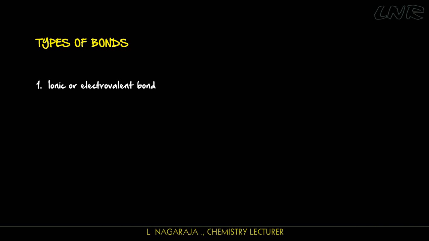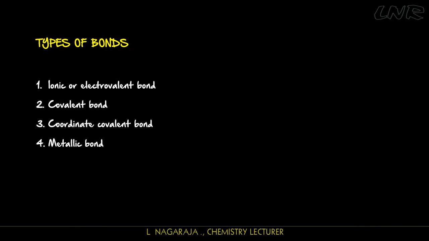First, ionic or electrovalent bond; second, covalent bond; third, coordinate covalent bond; fourth, metallic bond; fifth, hydrogen bond; and the last one, van der Waals force of attraction. These different forces of attraction are generally called chemical bonds, right? These are the different types of chemical bonds that hold the constituent particles together in a chemical species.